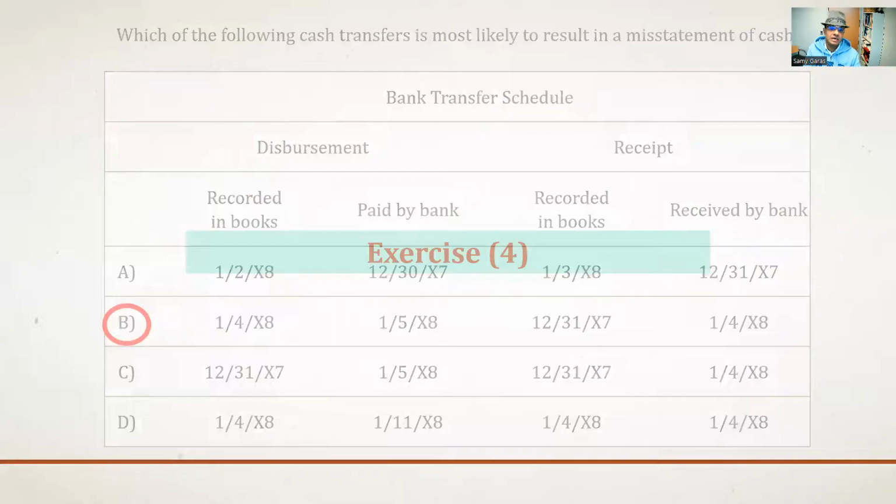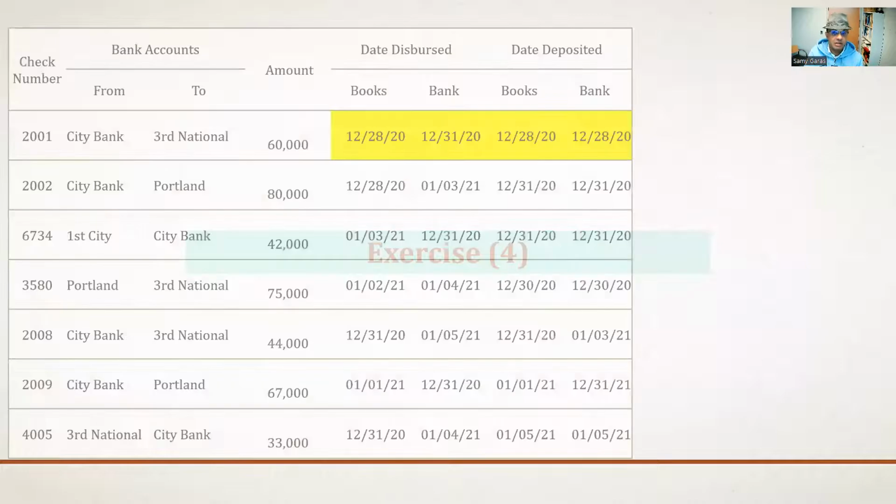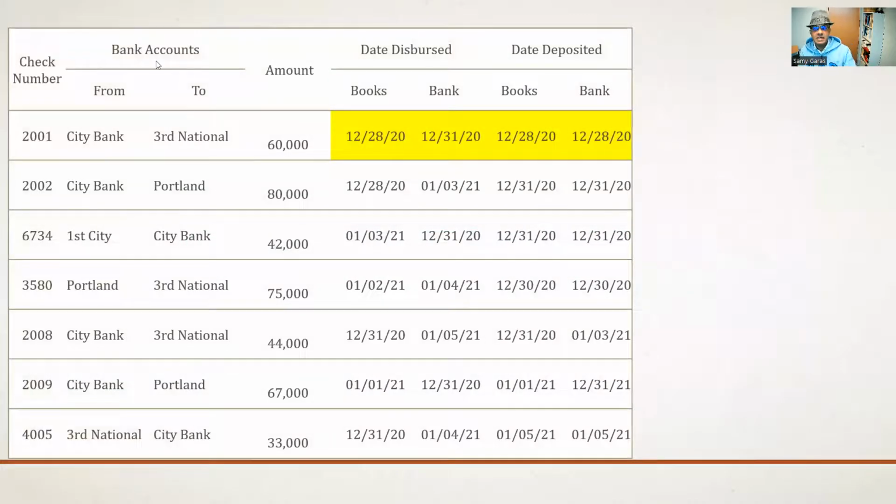Now let us look at another example, and here it's a bit long. You can see here the bank accounts. From one bank account, money goes to another bank account. Here is the amount, here is the date disbursed in our books and here in our banks, and here is the date deposited. Let us look at the first one.